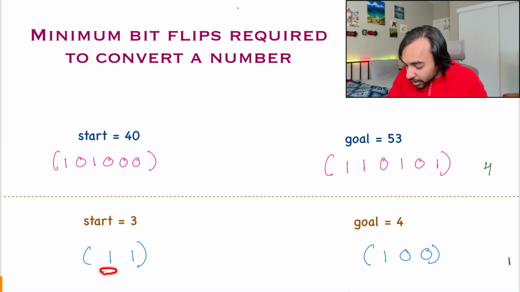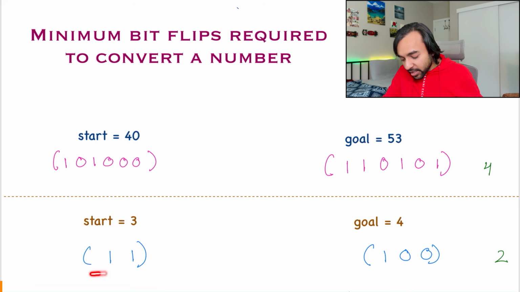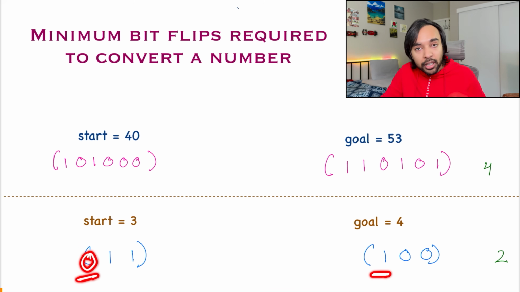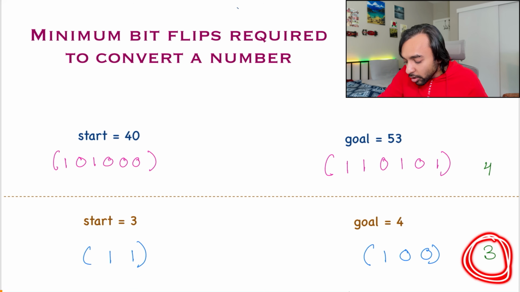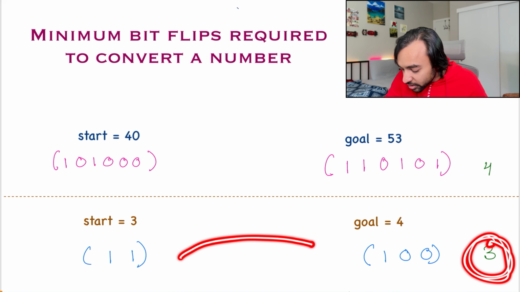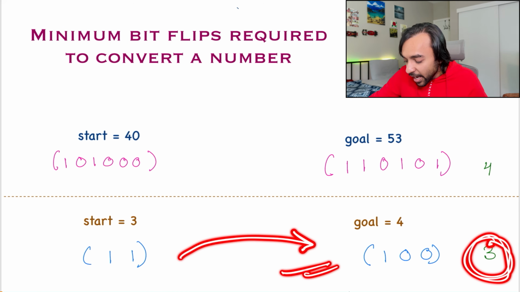Look at the second bit, 1 and 0. Do you have to flip it? Yes. Now you might think that, okay, the bits have ended. But no, you have one more bit available over here, and this corresponds to 0. So 0 and 1. Do you have to flip it? Yes. So I will need a total of 3 flips to convert 3 to the number 4. And this is your answer.